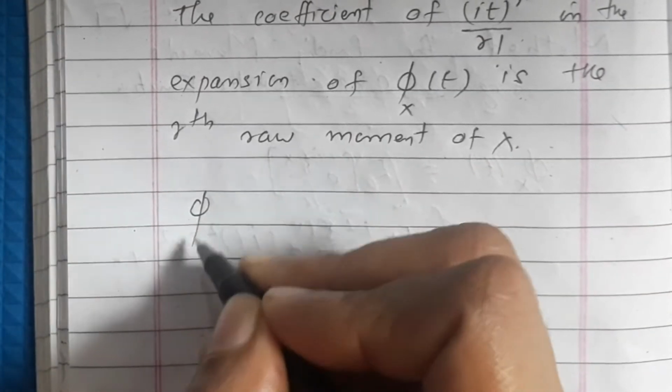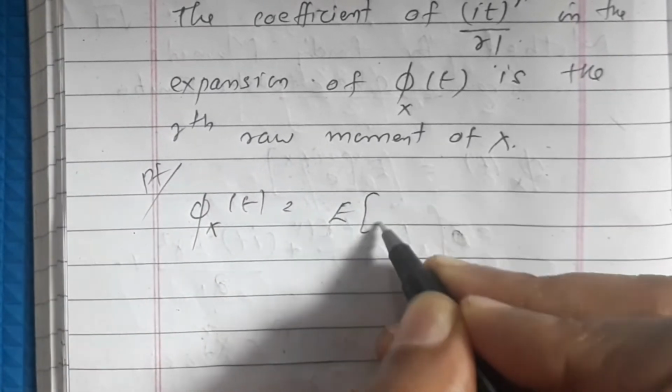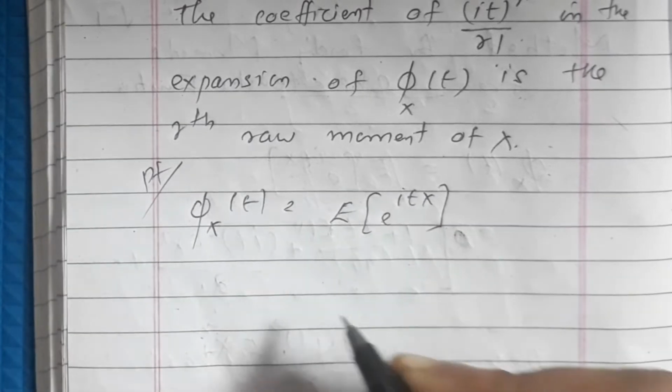So phi x of t is equal to expectation of e raised to I tx.